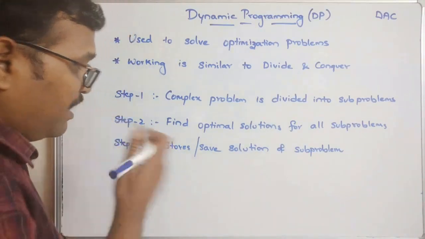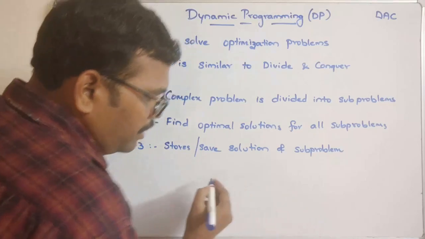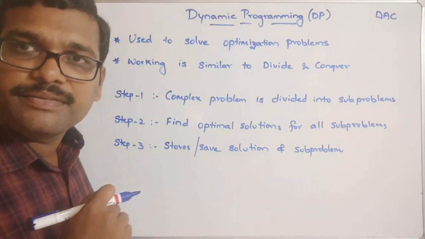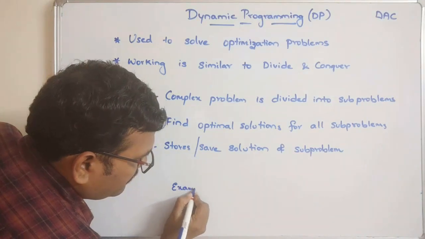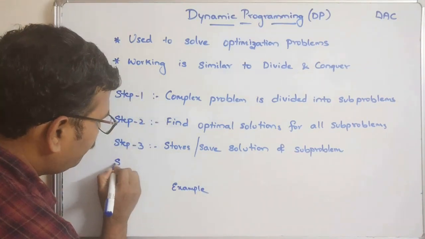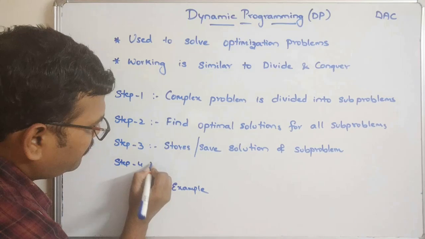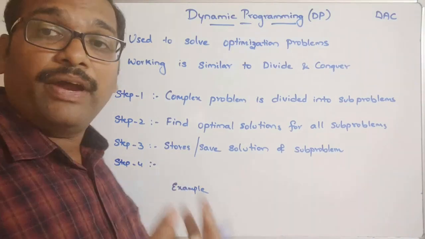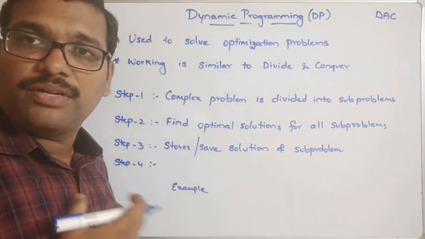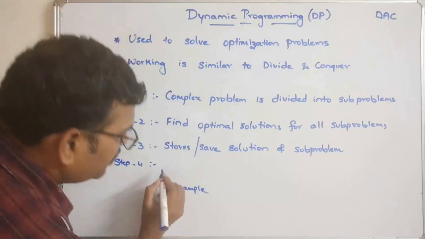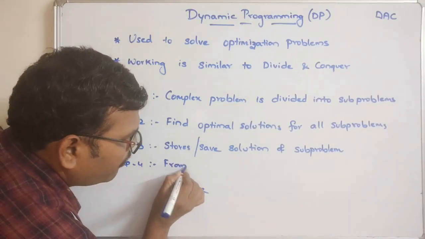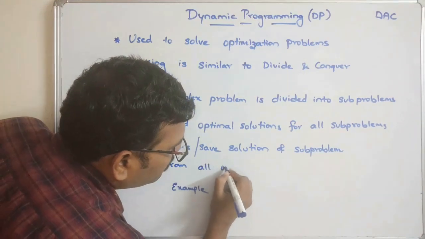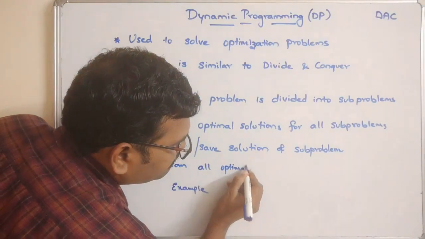For example, consider the Fibonacci series. I'll write step 4 also, the last step. What is the last step? Finding the complete solution for the overall problem, based upon the optimal solutions.